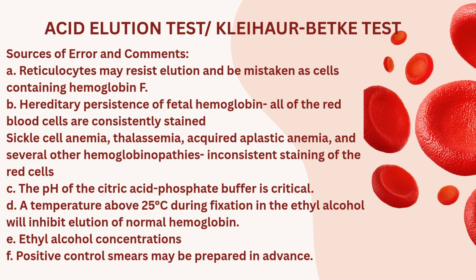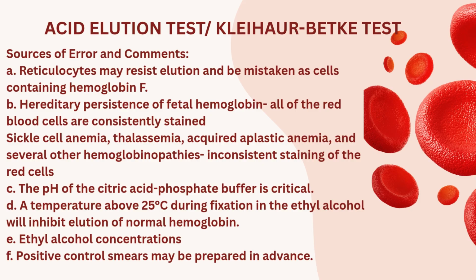Therefore, all of the red blood cells are consistently stained. In diseases like sickle cell anemia, thalassemia, acquired aplastic anemia, and several other hemoglobinopathies, there is inconsistent staining of the red cells because the amount of hemoglobin F present in the red blood cells varies.